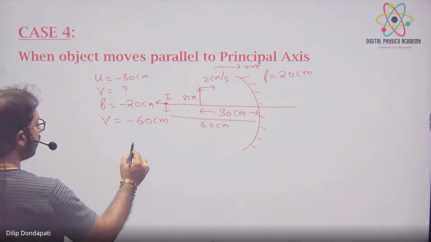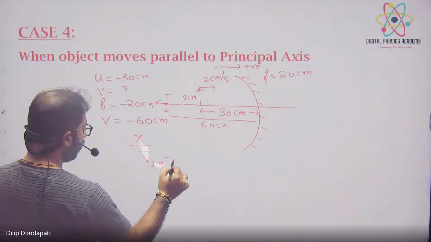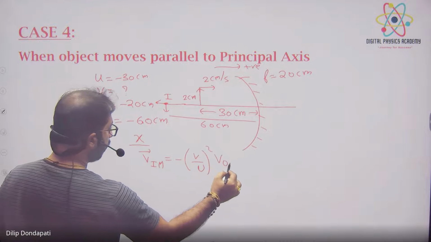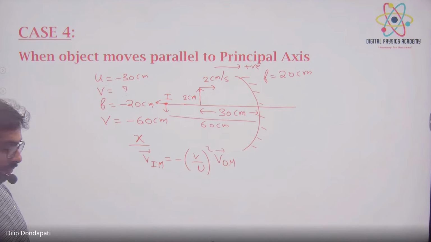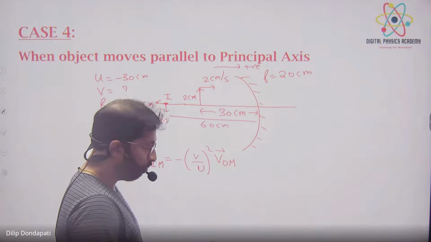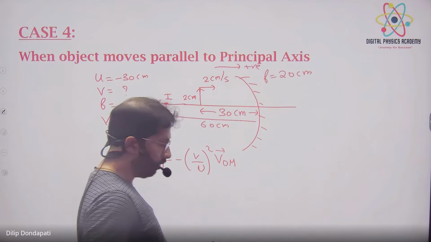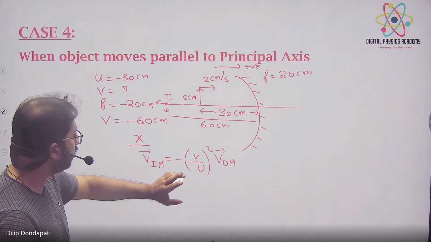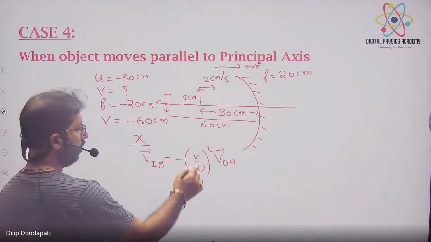X direction तो formula same है. Vim is equal to minus v by u whole square times vom. मिरर तो जीरो है, मिरर का निकाल लो. So v मालूम है, u, these are the object distance, image distance, and vo also, you know, velocity of the object is 2 centimeters, right?